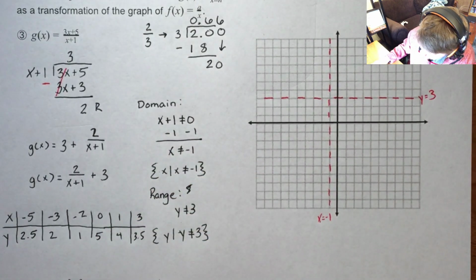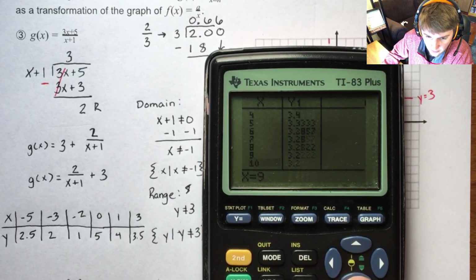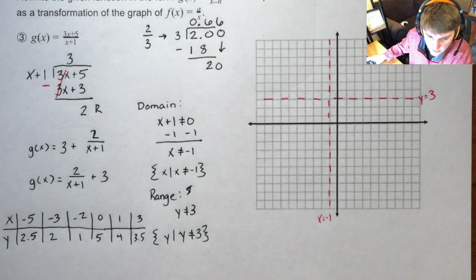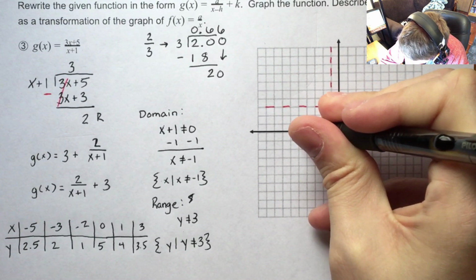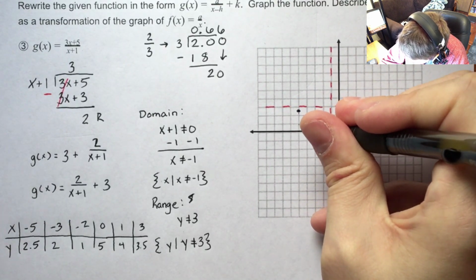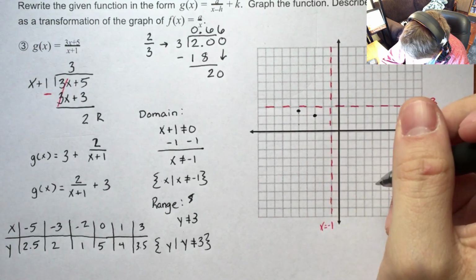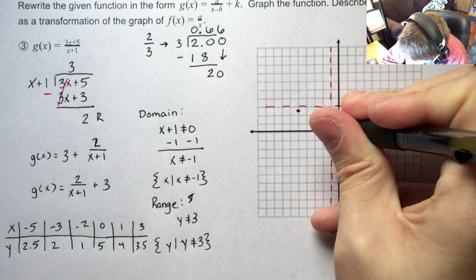Okay. We can scroll down through and see that there are no more ordered pairs for us. So let's just graph these. -5, 2.5, -3, 2, -2, 1, and then -1 is the gap.